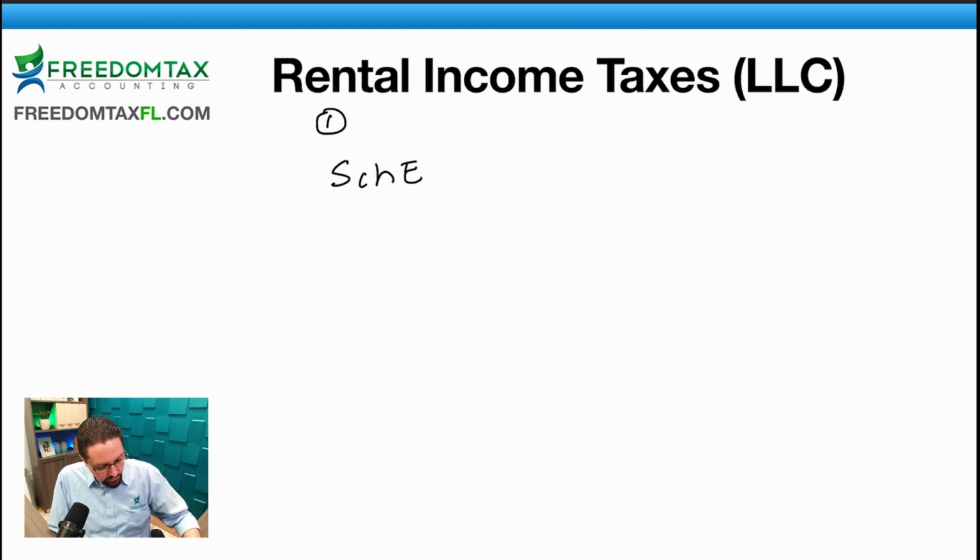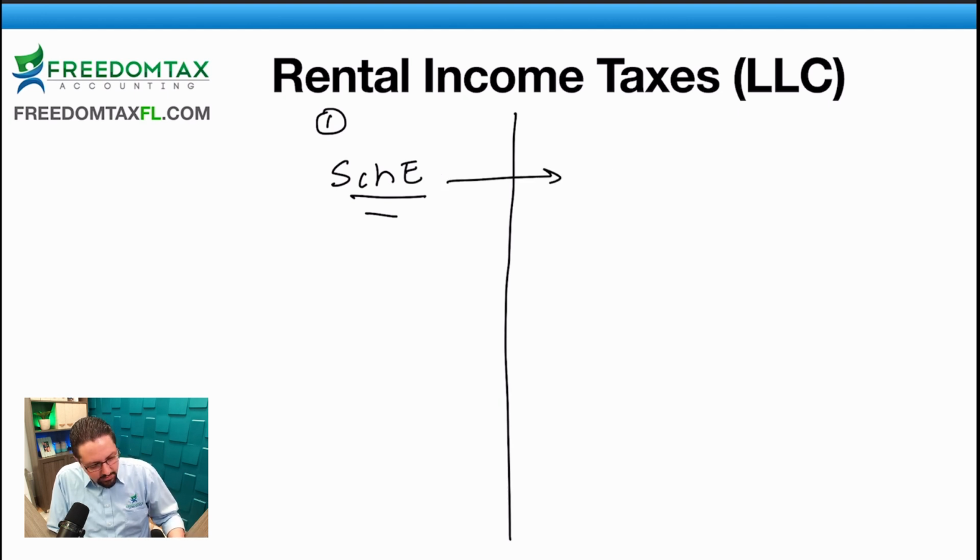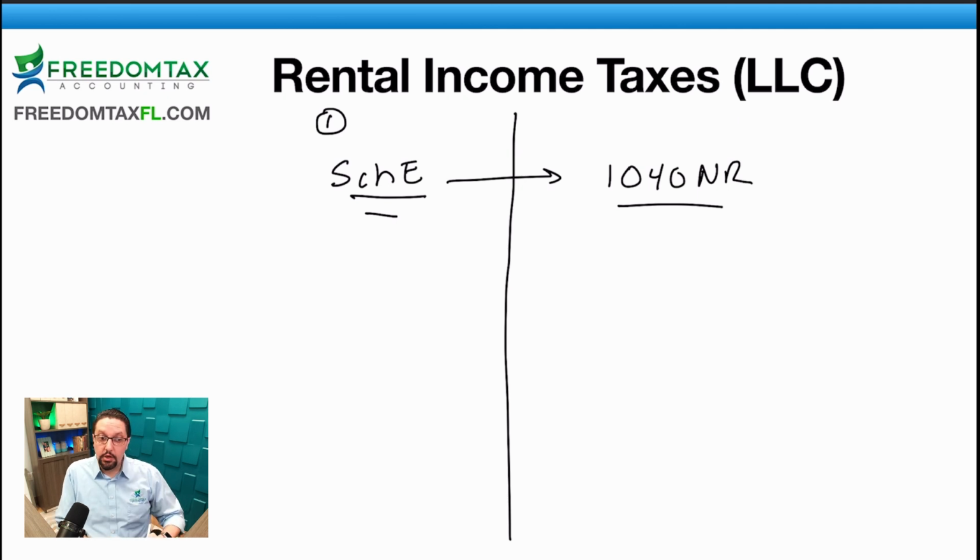So you're going to have to do a Schedule E that goes inside, once again, a personal tax return, which is the 1040NR form. Even though it's an LLC doing the work, if it's a single member LLC, an LLC with one owner, the automatic designation for taxes is the same Schedule E as if you were buying rental property under your name. And it's the same thing.